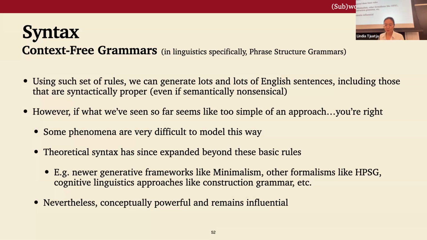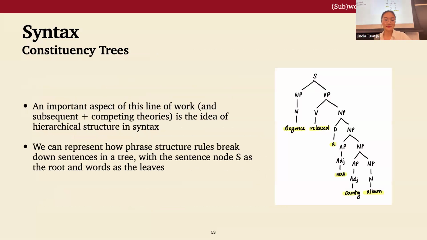There are lots of new frameworks in theoretical linguistics, such as minimalism, which is a Chomskyan tradition. There are other formalisms like HPSG, and cognitive linguistics approaches like construction grammars, etc. So it's a lot wider and more varied than just what you see canonically in intro linguistics lectures and NLP classes like this one. However, it's still very conceptually powerful and remains influential.